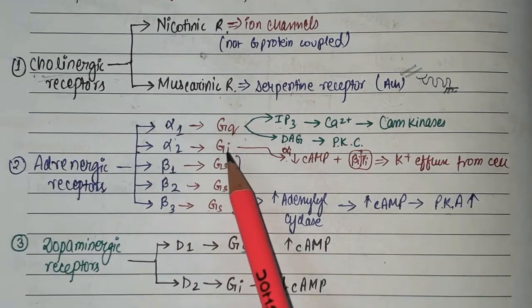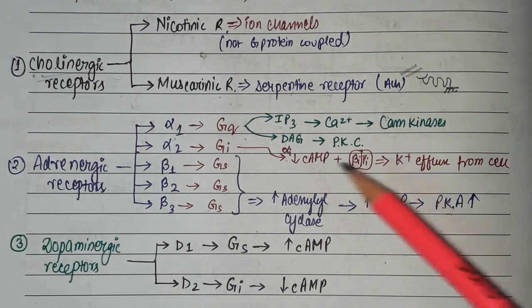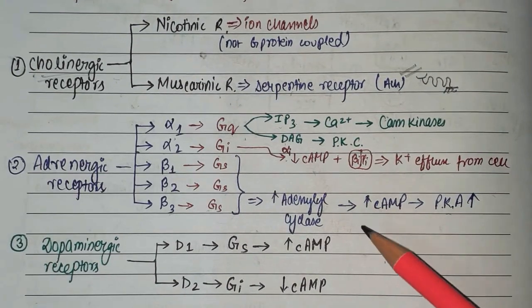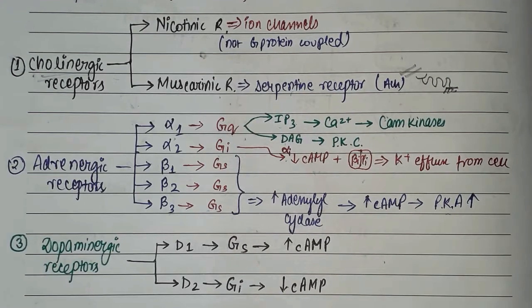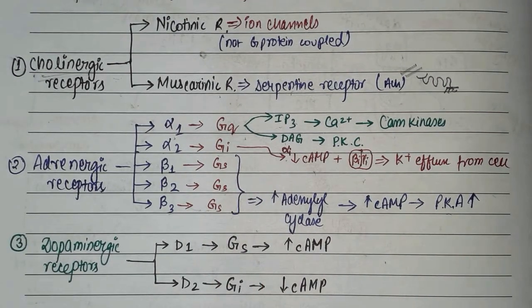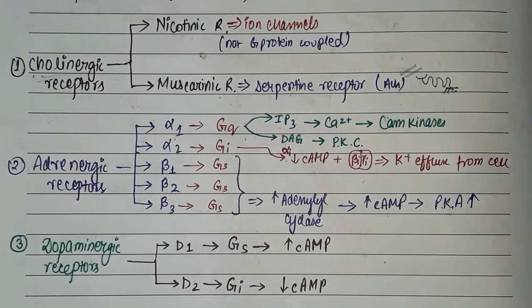Alpha 2 receptors are Gi, that is, G inhibitory protein, and they decrease the cyclic AMP level, as I showed you in part 1. The beta and gamma subunits readily remove potassium ions from the cells. Beta 1, beta 2, and beta 3 are all G stimulatory proteins, and they increase the cyclic AMP level, and finally the protein kinase A level rises.